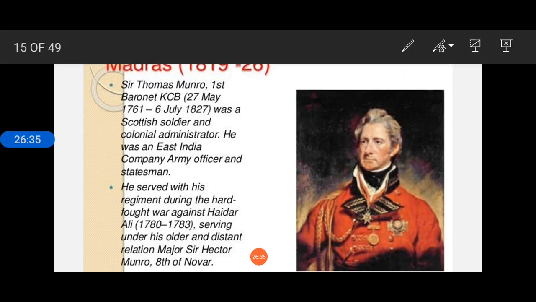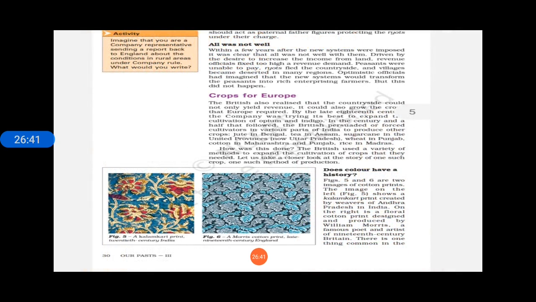We have read already in class 7th also, students, there were 2 steps of collecting the revenues, which were introduced in the Mansabdari system by Akbar also. First of all, land was carefully assessed, then the quality of the land, and then cultivation was also assessed.